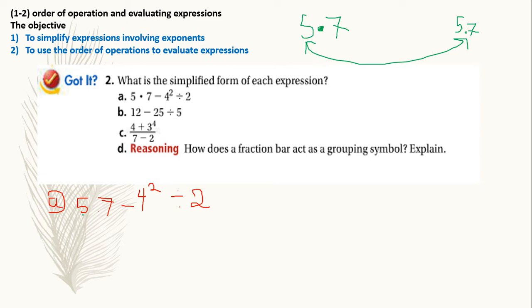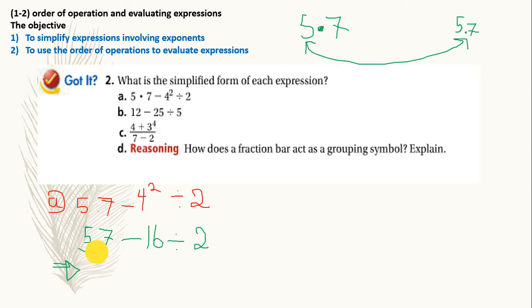So let's follow then the powers. We said the brackets or parentheses, then the powers. So let's do the powers first. So 5 times 7 minus 4 to the power 2, which is 16, divided by 2. Now in the next step we said multiplication and division, then addition and subtraction.